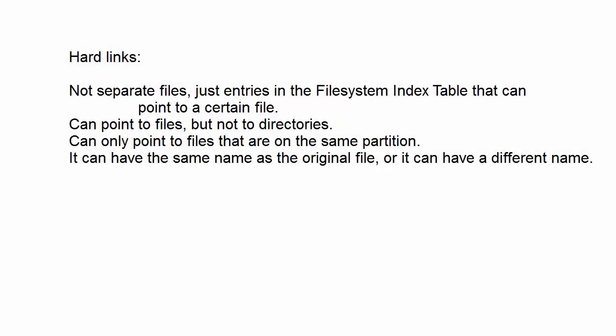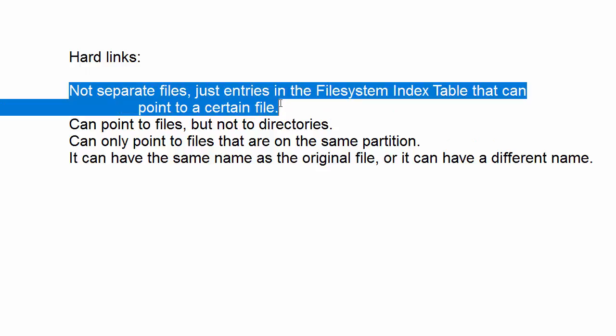Next, let's talk about hard links. Hard links do pretty much the same job as symbolic links in that they allow you to access files from different locations, but there are some differences. So hard links, to begin with, are not separate files. Instead, they're just entries in the file system index table that can point to a certain file.